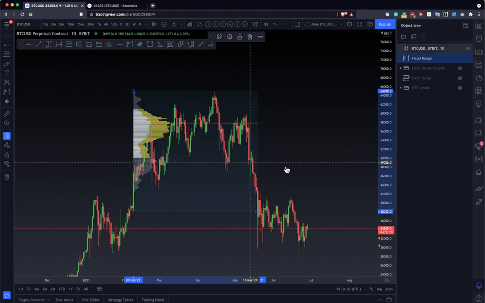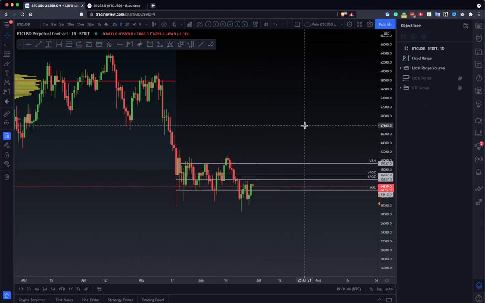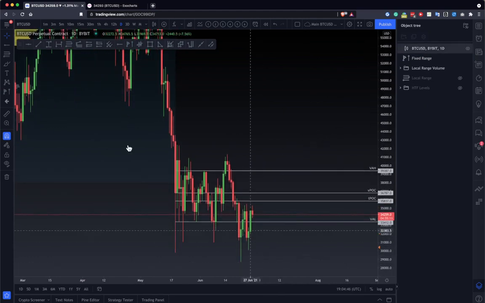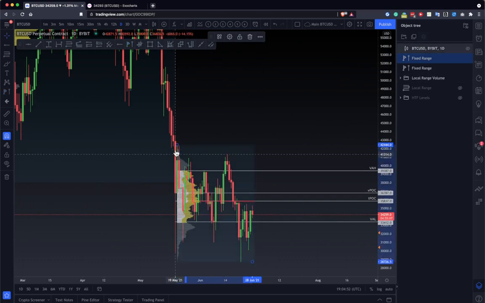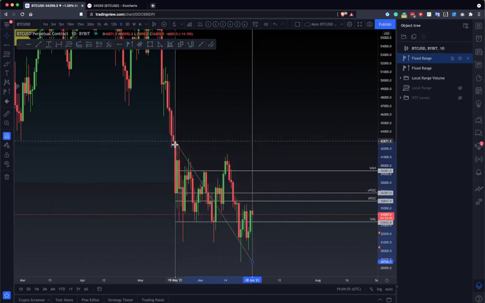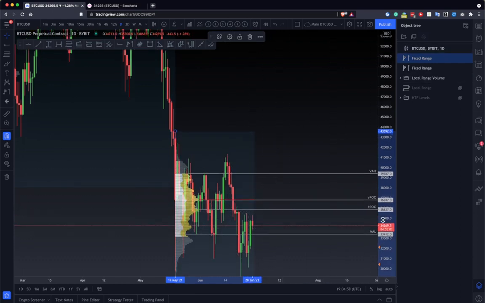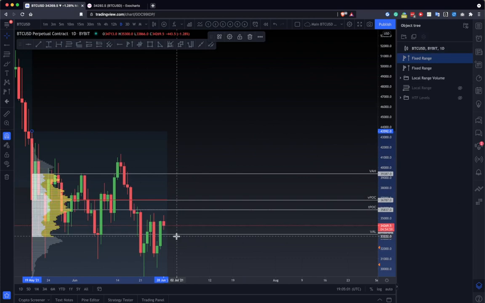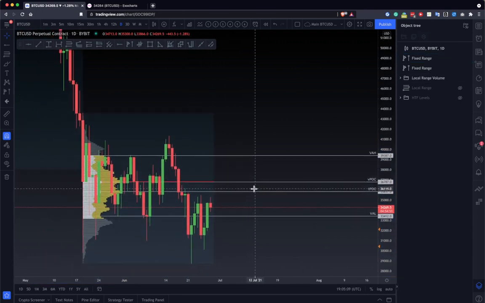So let's just do one more thing. Let's compare the levels that we got with the TradingView levels. Yeah, they're pretty accurate. I will keep this.